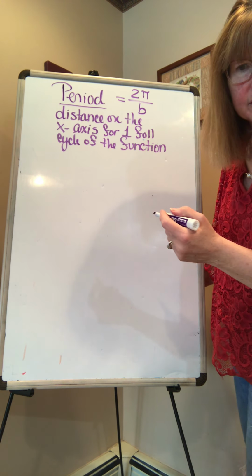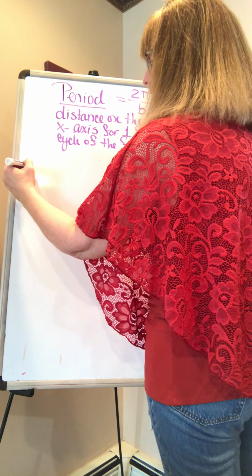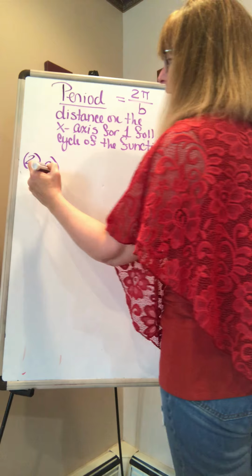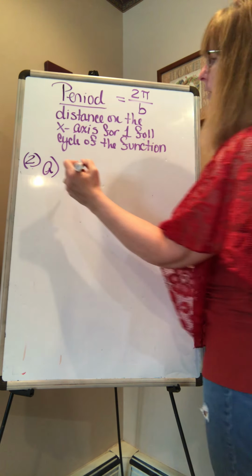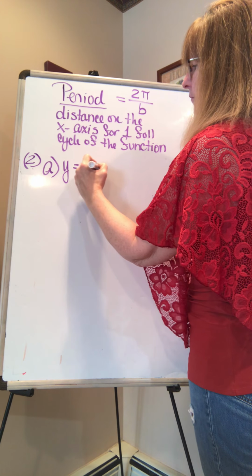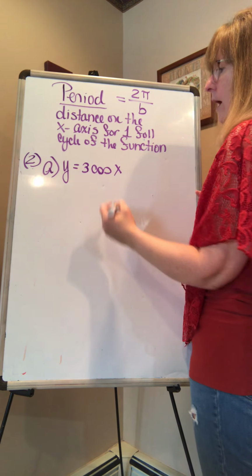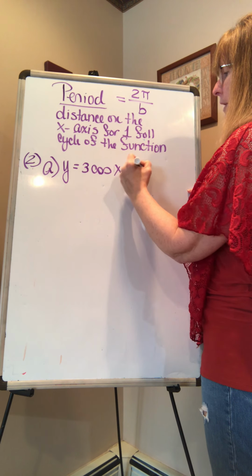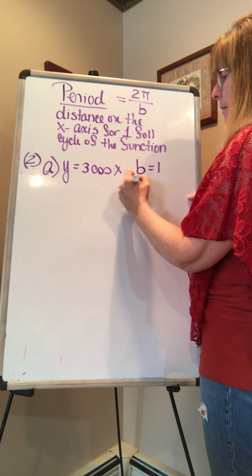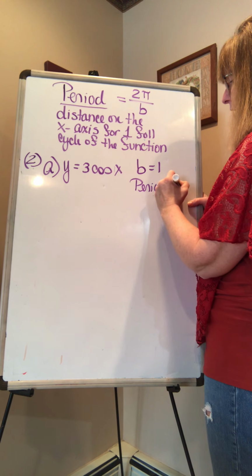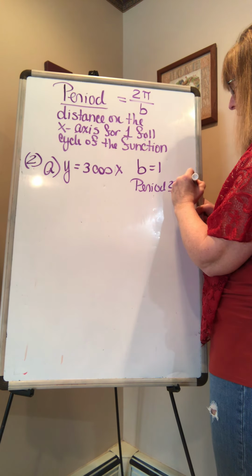Let's take a look at exercise 2. Exercise 2, letter A, we have y equals 3 cosine of x. Well, the invisible 1 here tells me my frequency is 1 and my period is 2 pi over 1, so it's 2 pi.